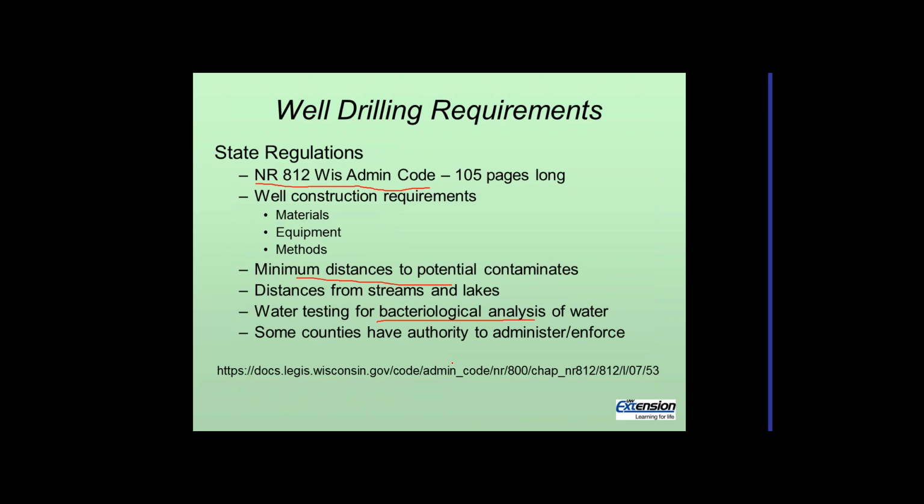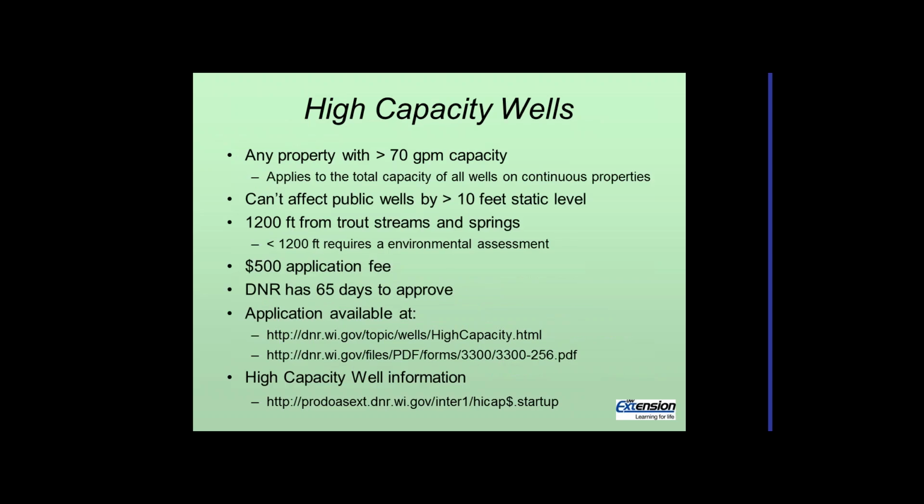Some counties have the authority for this, but in most counties it's going to lie with the Department of Natural Resources. High capacity wells are defined as any property that has total well capacity of greater than 70 gallons per minute.